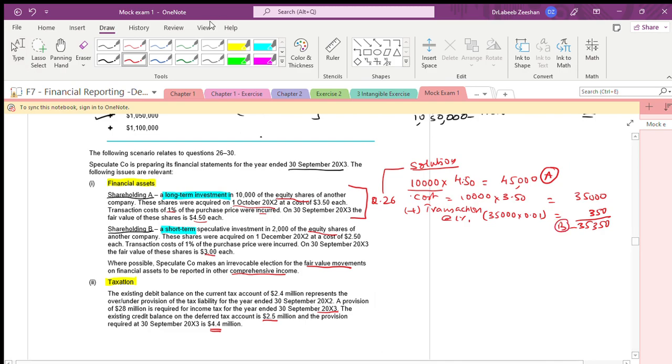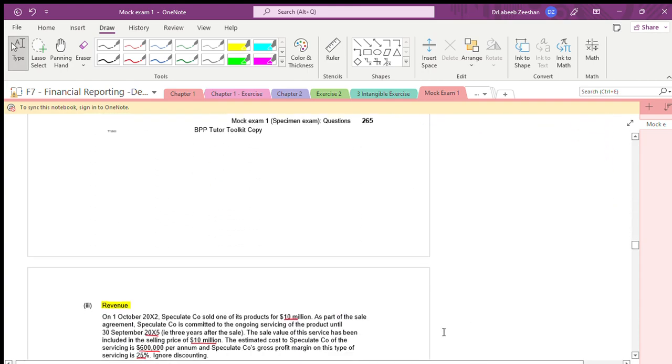Now the answer is A minus B. 45,000 minus 35,350 comes to 9,650.